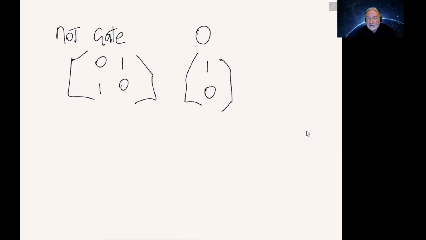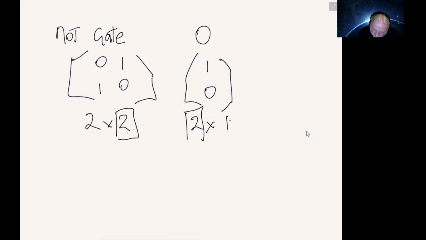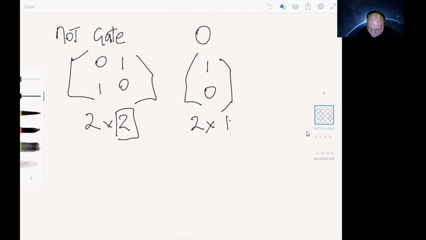If we remember that this is a 2 by 2, rows before columns, DARC, R before the C, rows before the columns, and a 2 by 1. And the beauty of that is that the inside numbers have to be the same, and they are. So that's wonderful. So we know that we can multiply these two matrices together.